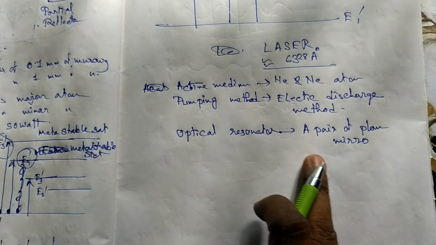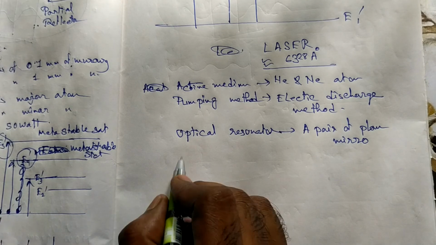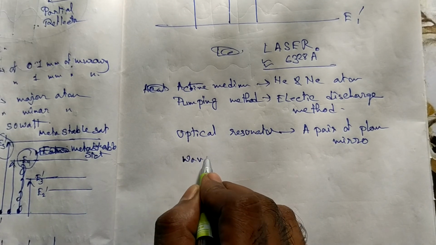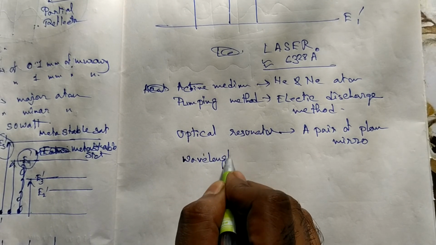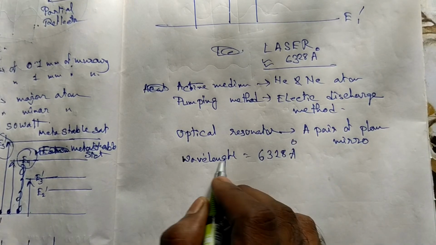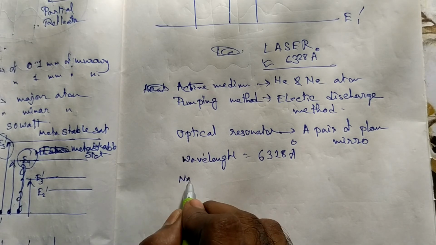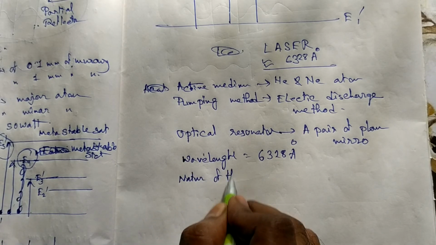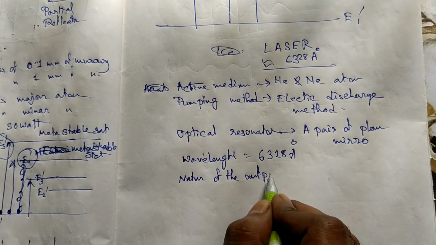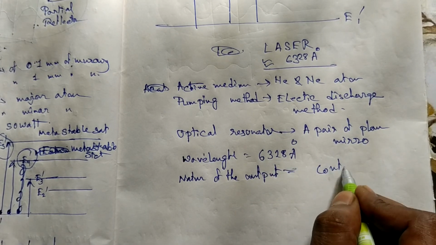So the optical resonator works by the two reflectors. The wavelength of the light is 6328 Angstrom. The nature of the output is continuous wave.